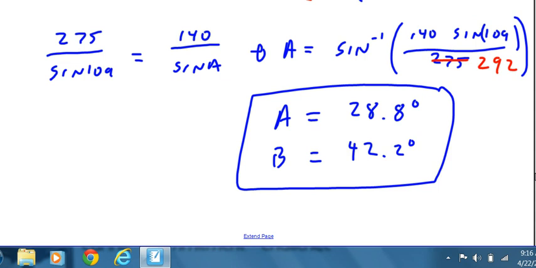Which means that if I take the arc sine 140 times sine 109 divided by 292, I end up with 26.9 maybe, or you might want to call it 27, it's hard to say. And then 180 minus the answer, minus 109, this guy here should be 44.0. Okay, sure, I'm glad I figured out I didn't put in the 2 after looking at it 3 times.